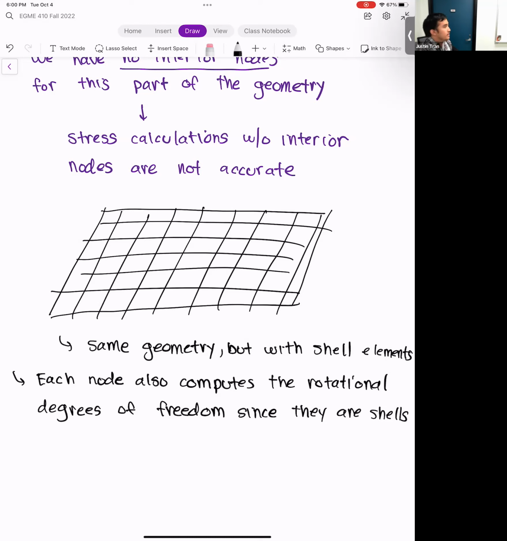The benefit that we get is that we can actually use these rotations to help us compute the stress. And so the stress calculation that we get from shells and beams not only depends on the deformation, but also depends on the rotations as well.